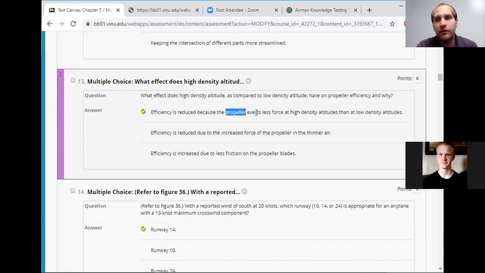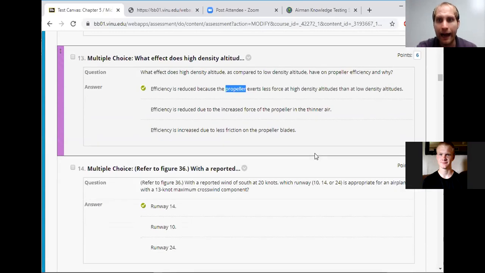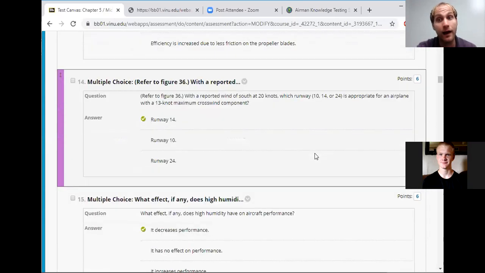So if every shovel load backwards is a smaller amount of air, then you're not going to have as great of propeller efficiency. And this is one of the reasons why propeller airplanes don't fly at super high altitudes. It's always the jet that flies at super high altitudes. High density altitude, we'll be talking a lot about that in our next section with weather.